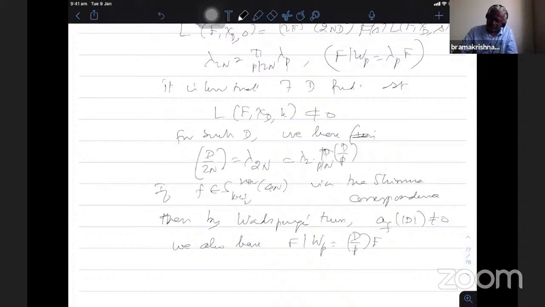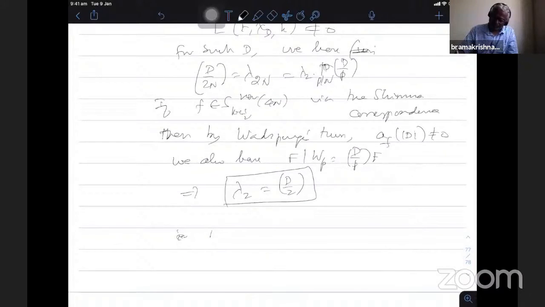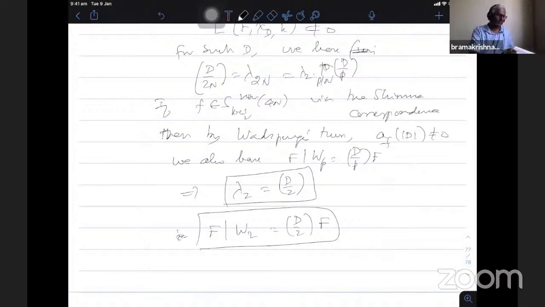This is exactly (D/n) that will be there. The (D/n) cancels. This implies λ_2 equal to (D/2). Therefore, this tells you that the new form f has eigenvalue (D/2) with respect to the W_2 operator. So this is another piece of information we get.